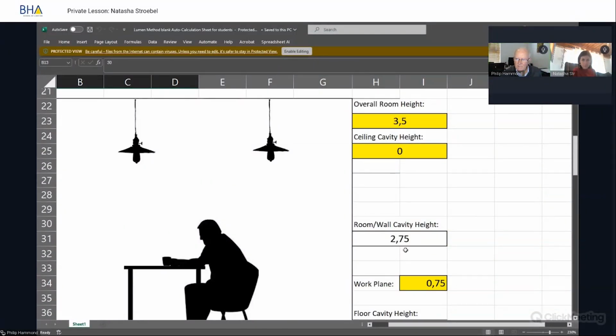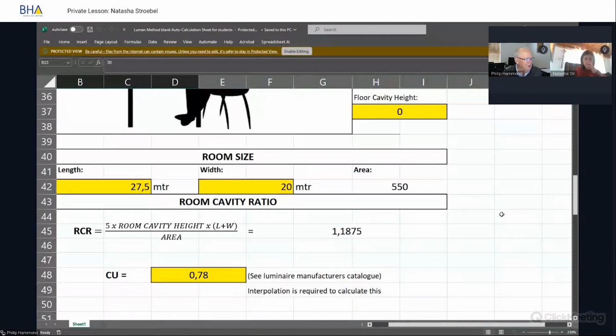All right? So that's our room cavity height. So now we go down here and we'll see that the room is 27.5 meters by 20 meters, which is 550 square meters. Okay?